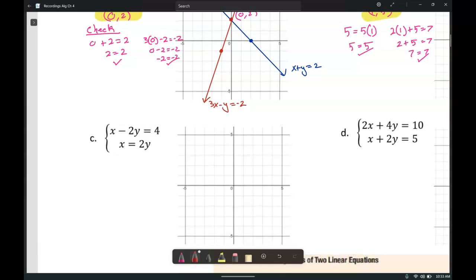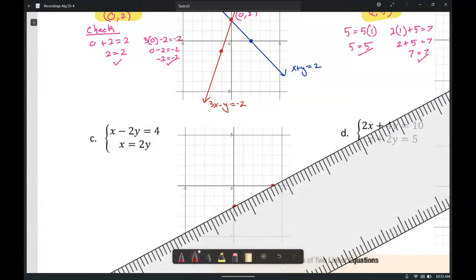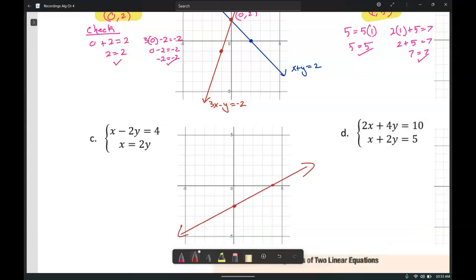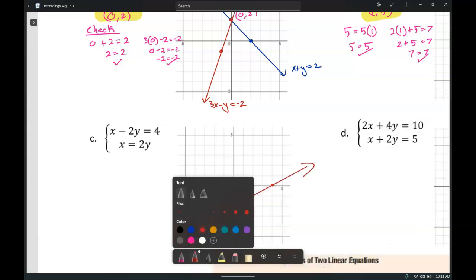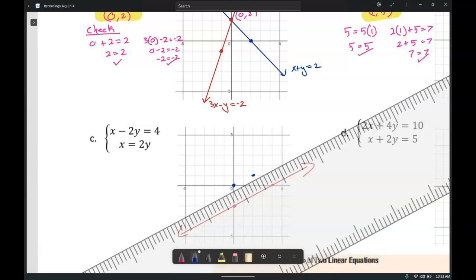Let's go ahead and graph the next one. So our first line has a y-intercept at negative 2 and a slope of 1/2. And our second equation has a y-intercept at 0 and also a slope of 1/2.